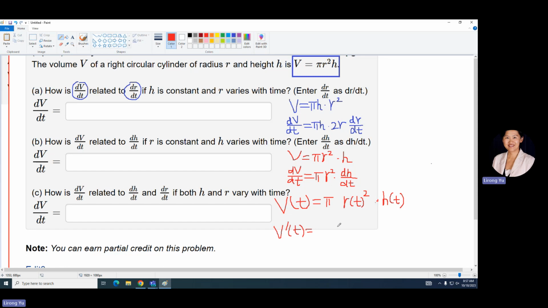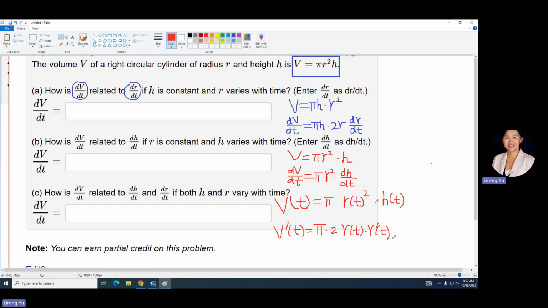So the derivative will be pi times the derivative of this, which is 2 times r of t by the power rule, multiplied by the derivative of r. That's how you differentiate this. If you write it short, it would just be 2r times r prime, but having the t in place gives you a clear idea that this is a function, not an independent variable, right?